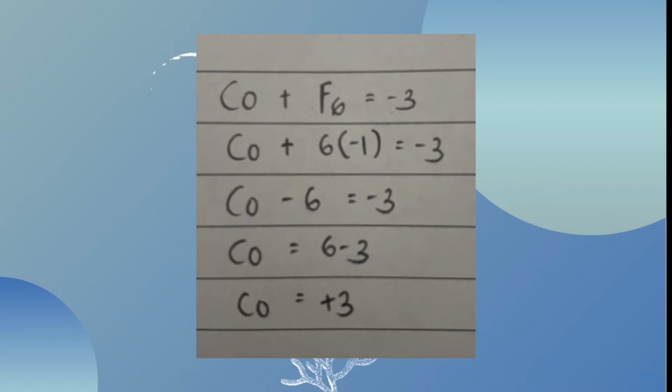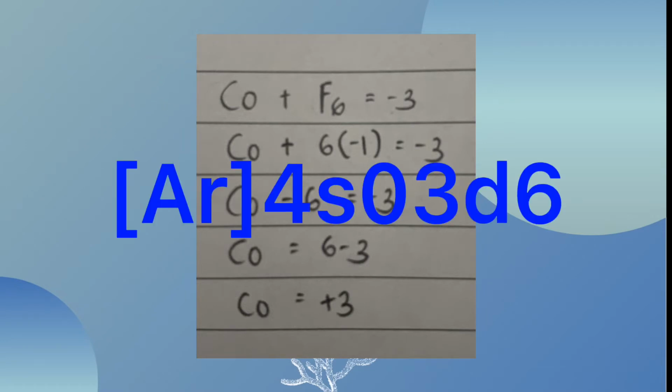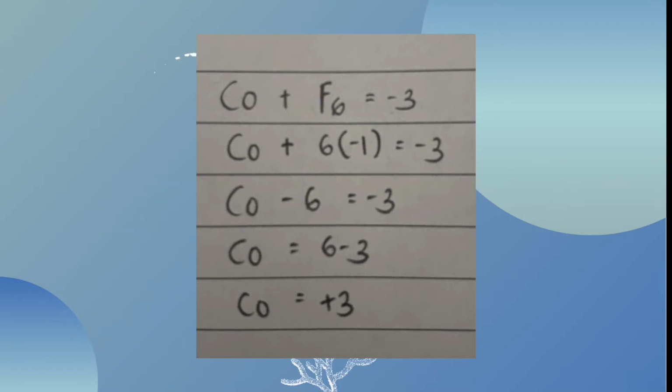Then the next electron leaves the 3d orbital and the configuration becomes 4s0 3d6. Thus, we can see the 6 electrons that need to be appropriately placed in the crystal field diagram. The pairing of these electrons depends on the ligand. Since fluorine is a weak ligand, it will be a high spin complex.